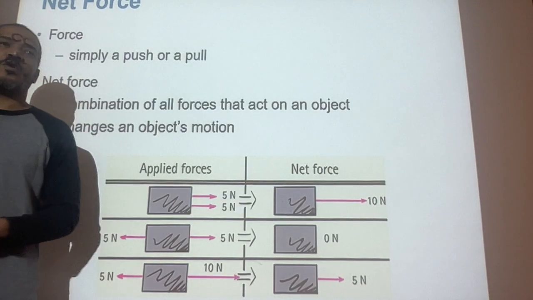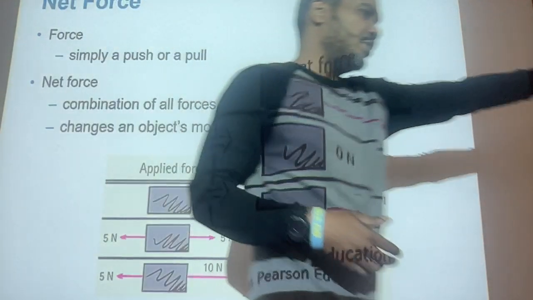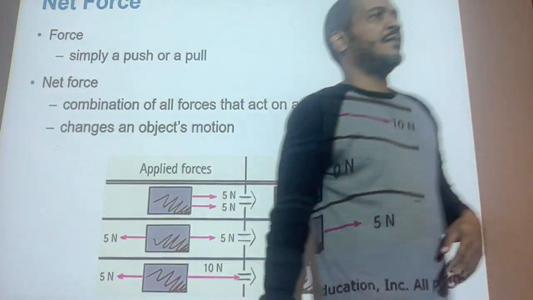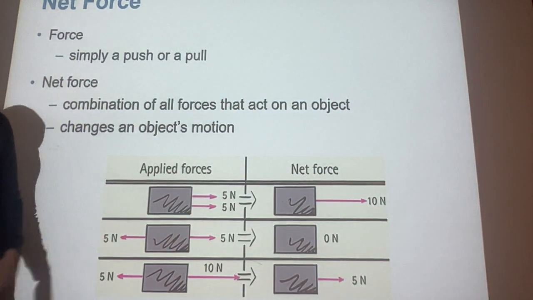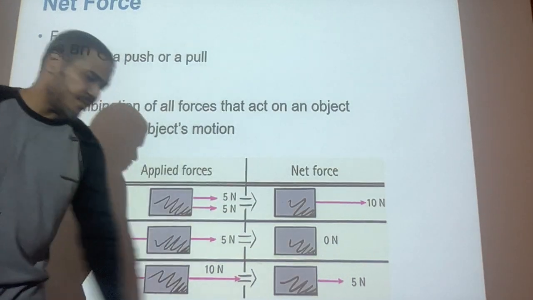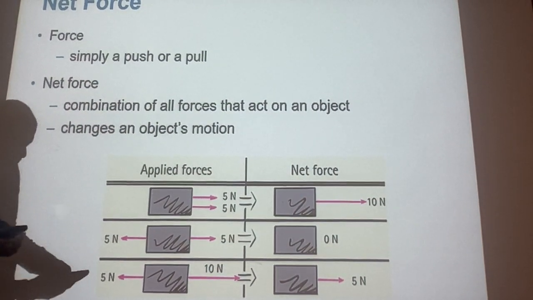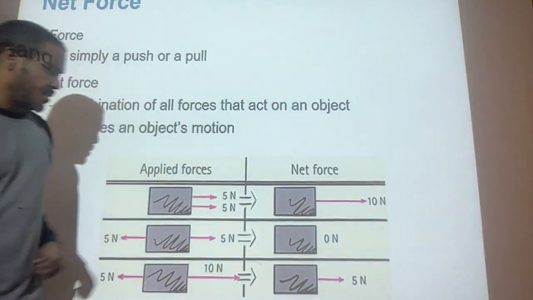Like I said, a tug of war. Right? In a tug of war, we have folks pulling on one side, the other folks pulling on the other side, right? And then we have the little flag in the middle, right? So if the folks on this side are pulling with 10 newtons, right?